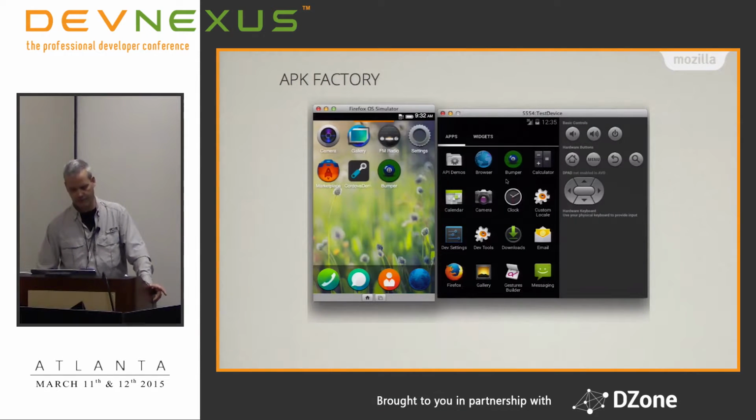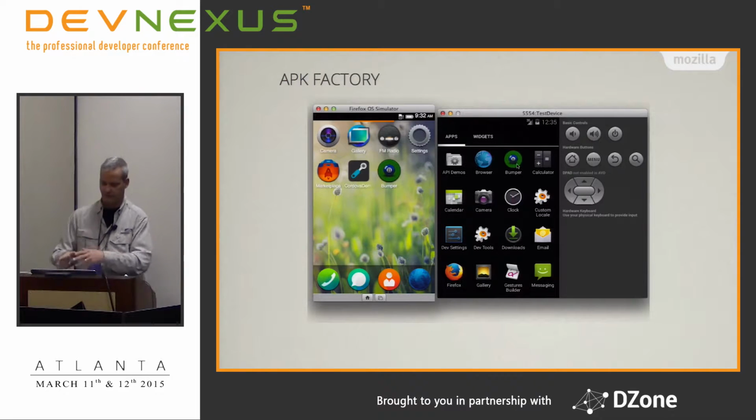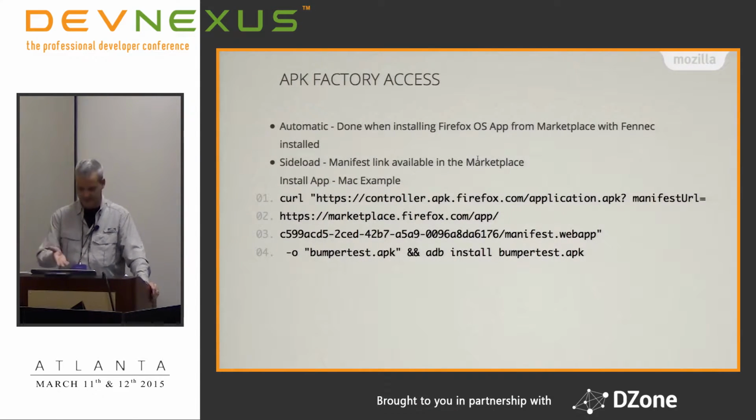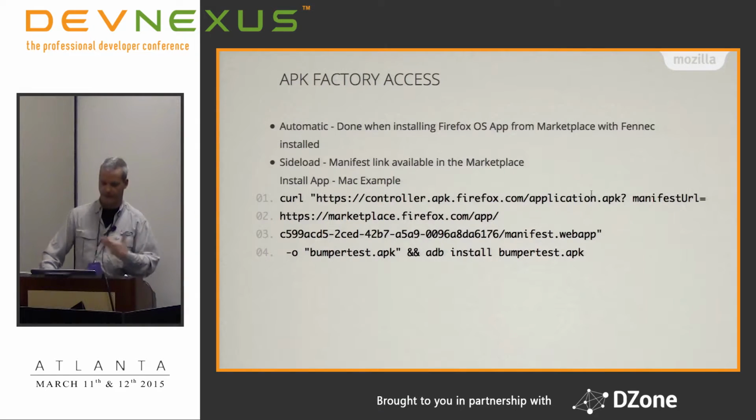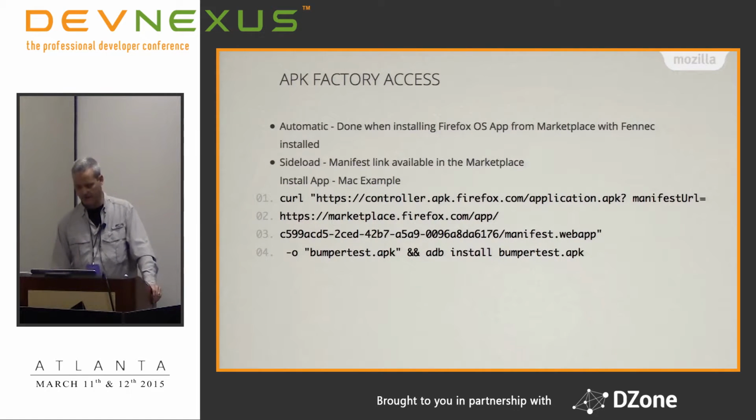Right here, I'm just showing a little bumper game. I wrote a little pool game, and I'm pushing it to the Android simulator right there. And you can see it's on there on both. I'll show you in just a second. You can do it automatically, like I said. And if you wanted to side load it yourself, you just run a curl on the APK Factory here and pass it your manifest URL, and you'll get back this APK, and then you can just use the standard adb install with the name of the APK file.